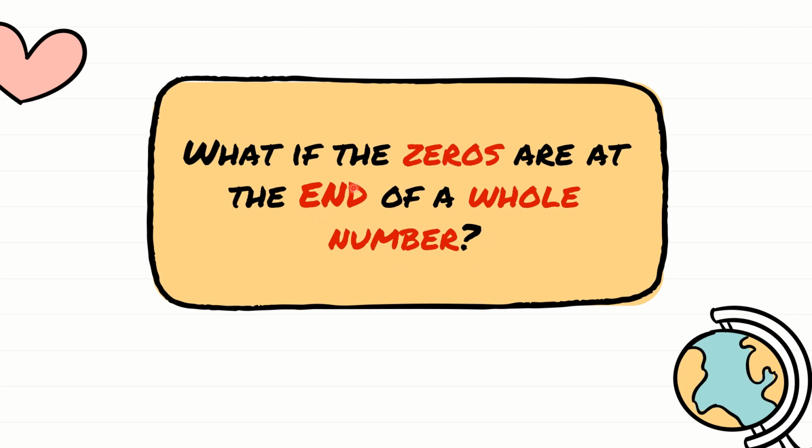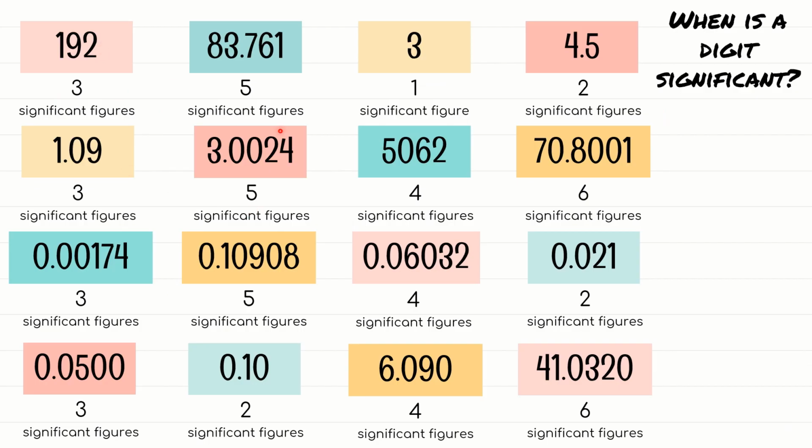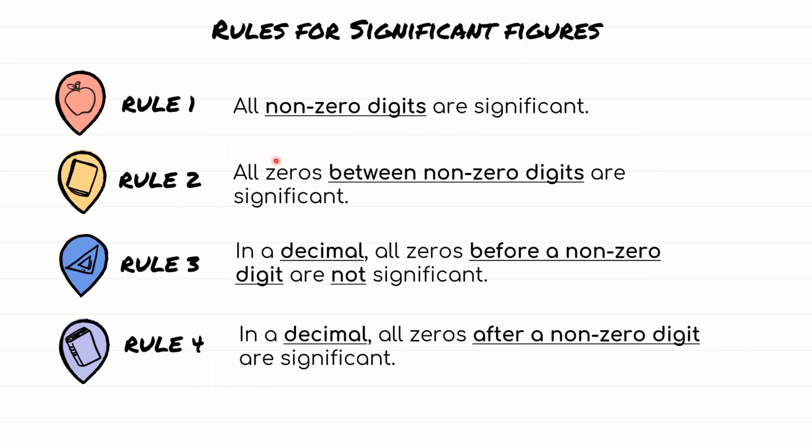If the zeros are in between a whole number, so for example, 5062 in this case, whereby it is a whole number and we have this zero here, we have already covered that this zero will be considered as significant because of our rule number 2, where all zeros between non-zero digits will be considered significant.